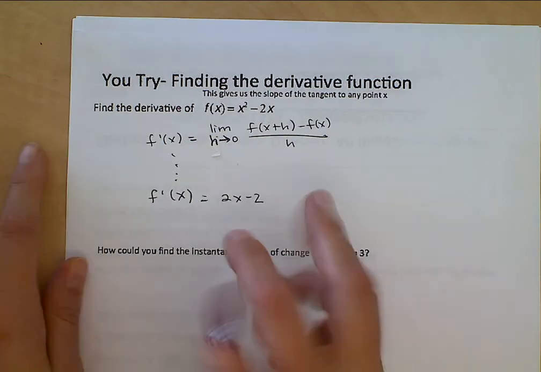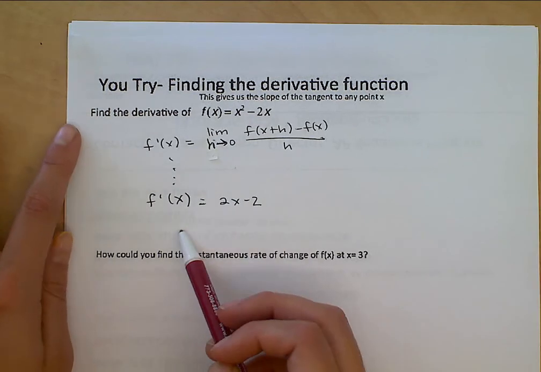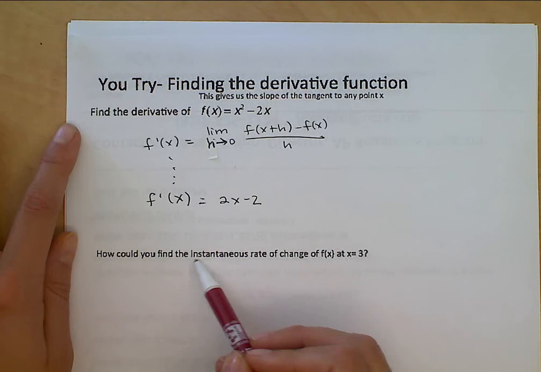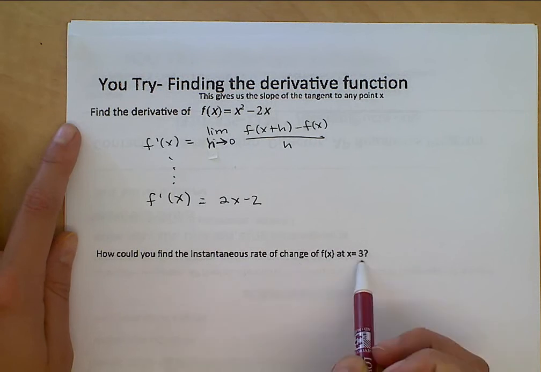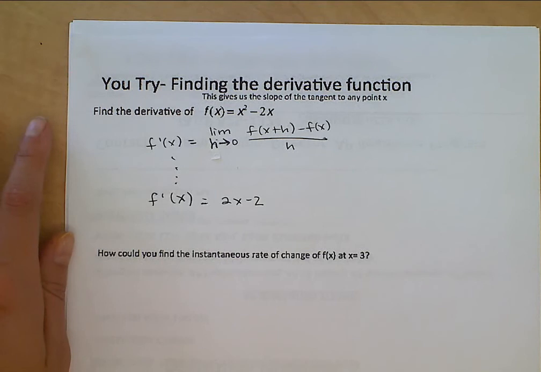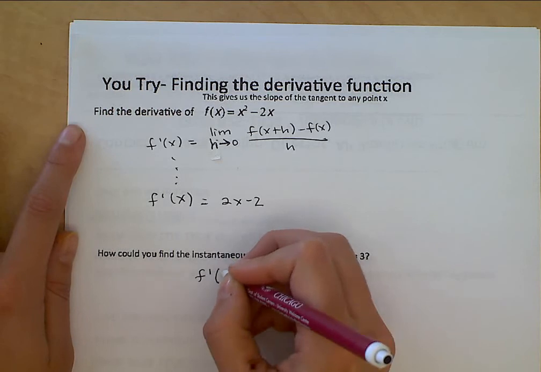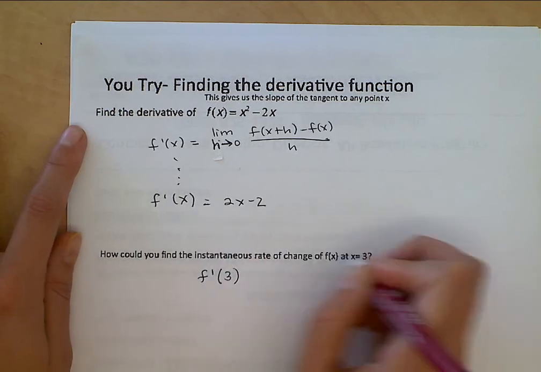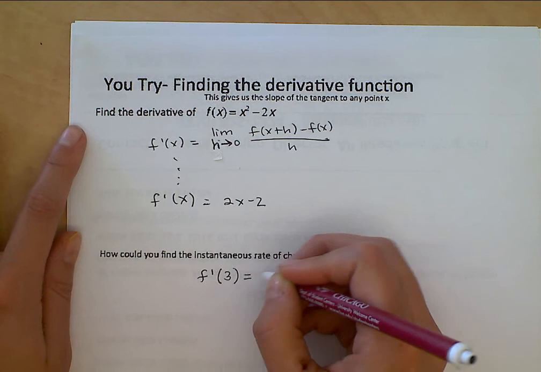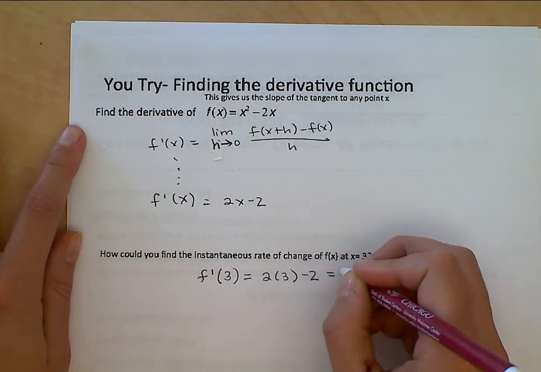Once you have this derivative function, it helps you find the slope or the instantaneous rate of change at any value of x. Down here it says, how could you find the instantaneous rate of change of f of x at x equals 3? We will use our f prime and evaluate it at 3. So f prime of 3 equals 2 times 3 minus 2, which is equal to 4.